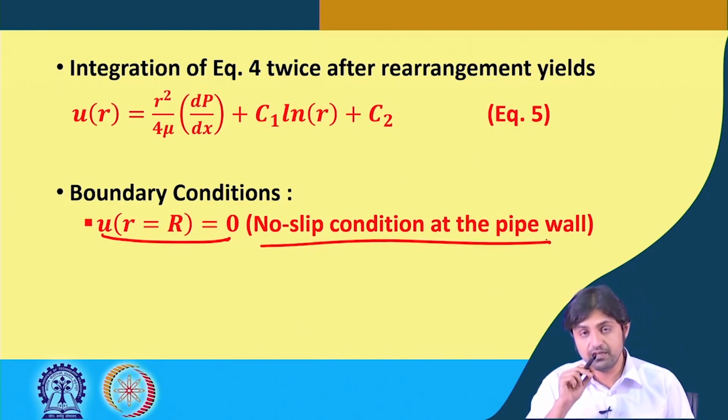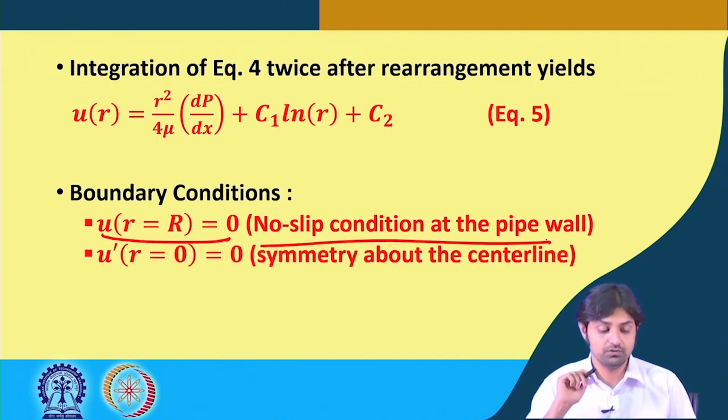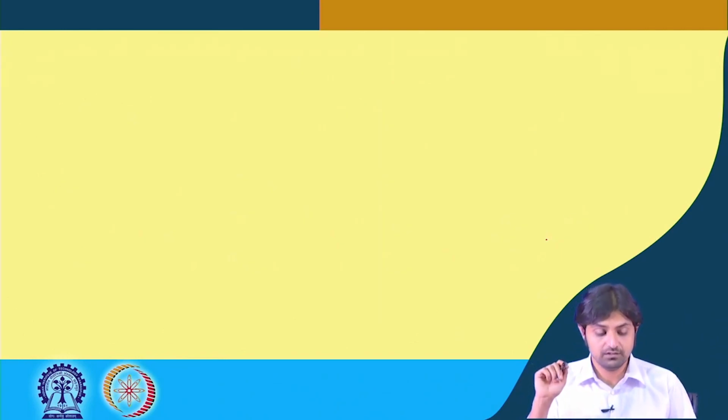So, the fluid element adjacent to the wall will also be at rest. So, u at small r equal to capital R is 0. Another thing, we will have u prime at r is equal to 0, or at the center line it is going to be 0, that is symmetry about the center line.